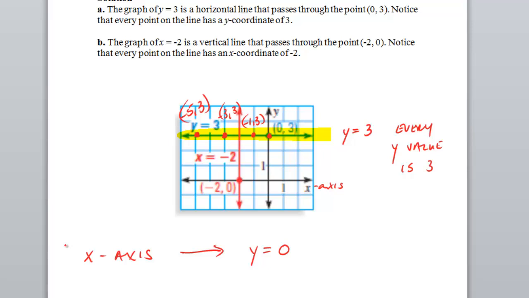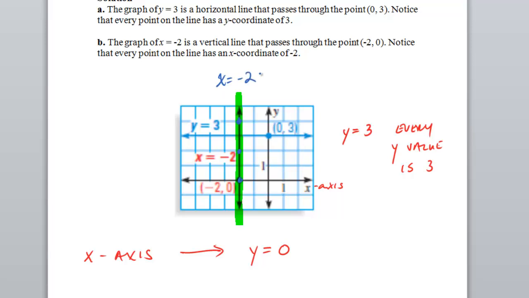Now, part B says to graph x equals to -2. And so I'm just going to erase this other part so that we can focus on the vertical line this time. So x equals to -2 is coming straight through there. And if you are paying attention to the horizontal line, the vertical line is the same, except the difference here is every value on the vertical line for x is equal, in this case, -2.